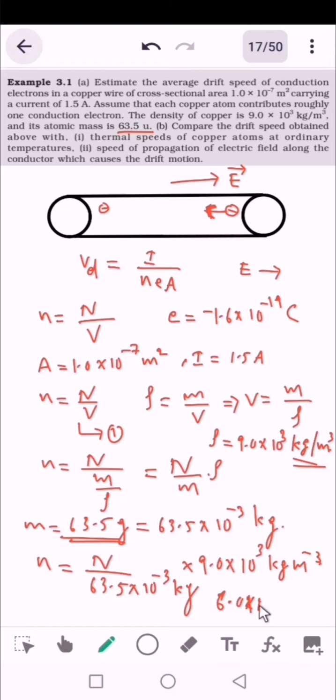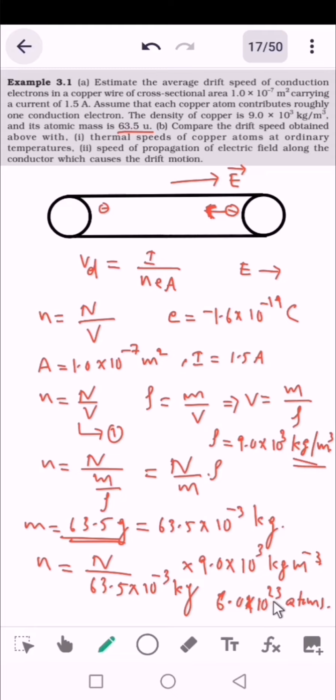So when you take 1 mole of copper, it will contain 6.0 into 10 raised to 23 atoms, and each of these atoms will contribute 1 electron.